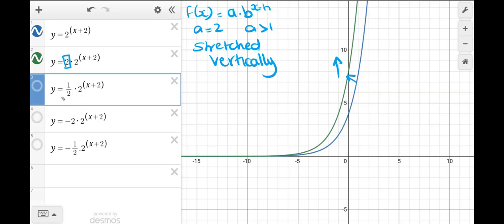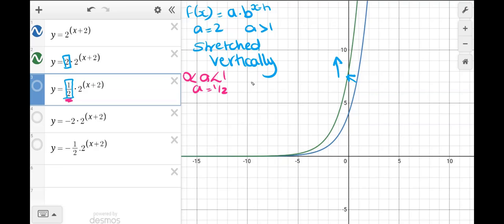If we have a look at the next one, we've got a equal to a half. So what happens when a is equal to a half? This time, a is greater than 0, but it's less than 1. This is when a is equal to a half.